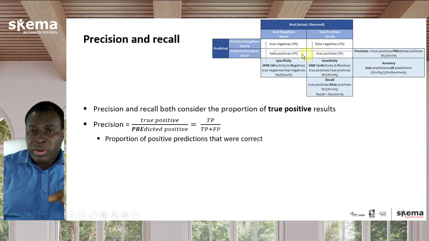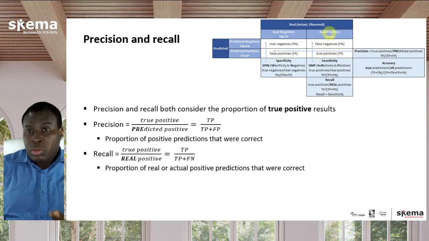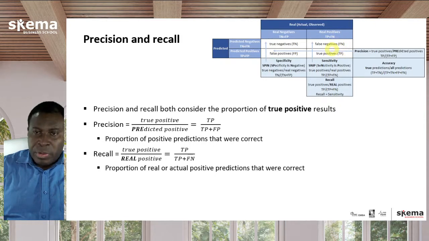Out of everything the model predicted was positive, what proportion were actually true? And that is precision. Recall, again, focuses on true positives, but instead it looks at what was actually positive, and out of all those that were really positive, what proportion did the model correctly predict? So it's the proportion of real or actual positives that were correctly predicted.